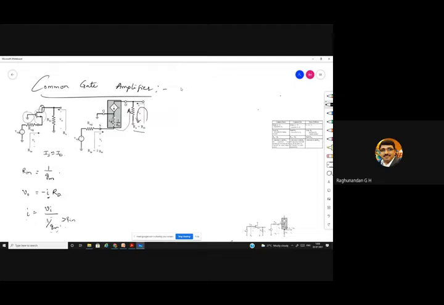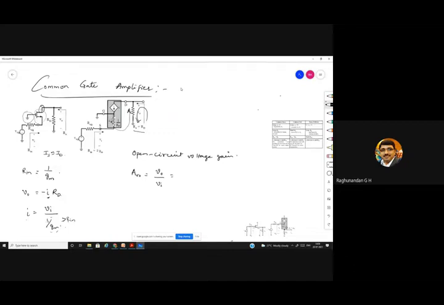Now after this, next is the open circuit voltage gain. In the open circuit voltage gain, as we know, we take the output voltage by the input voltage, and we substitute the output voltage and input voltage formulas.